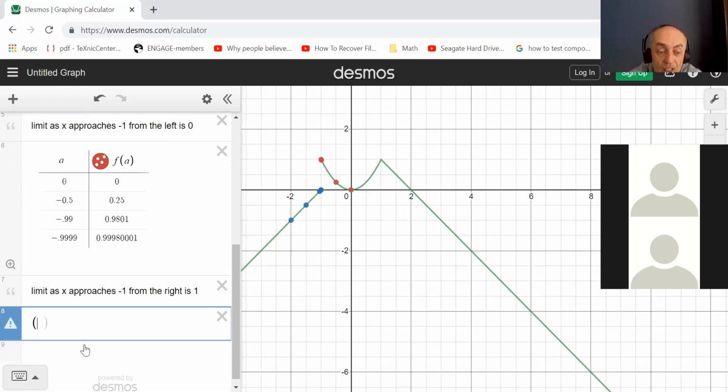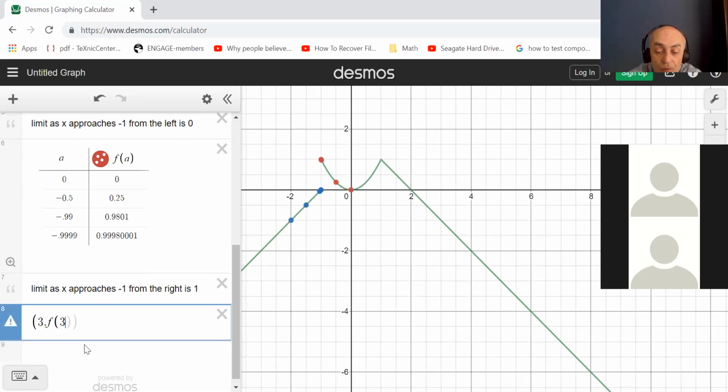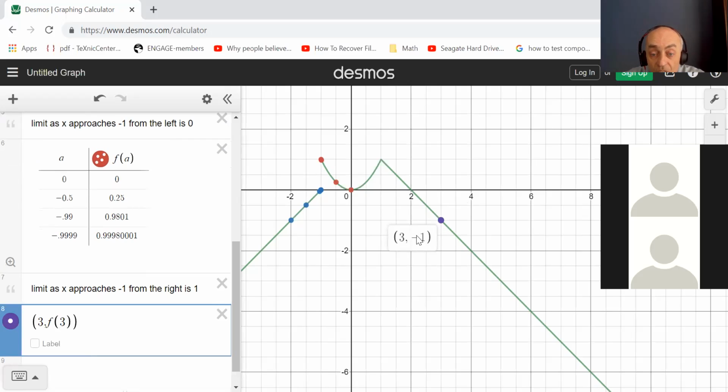That point is f of 3, and there's my point here. The limit at 3 will be this y coordinate, -1. It will turn out that way if you plug in numerical values for x from the left and from the right. You will approach this point, and the y coordinate of that is your limit.